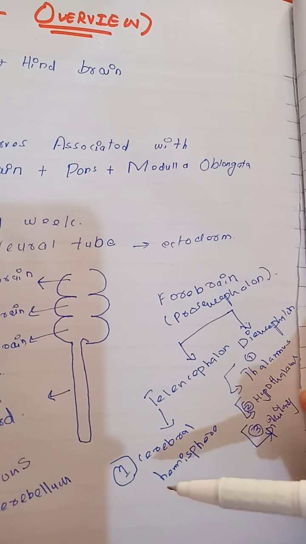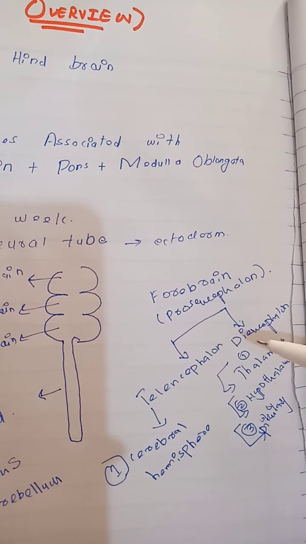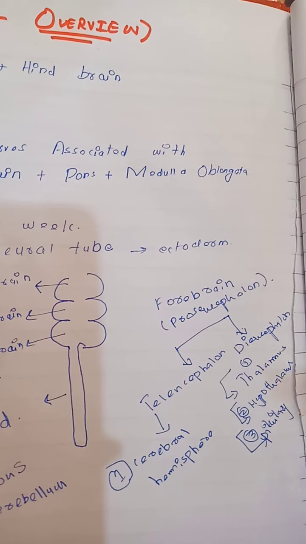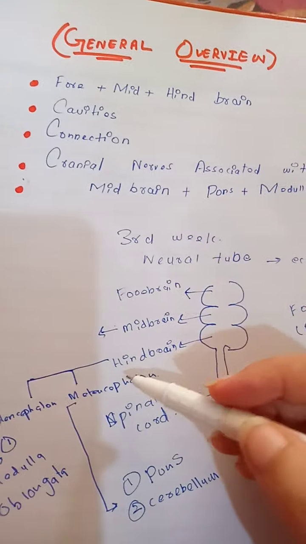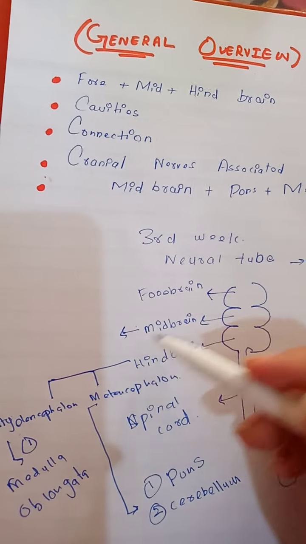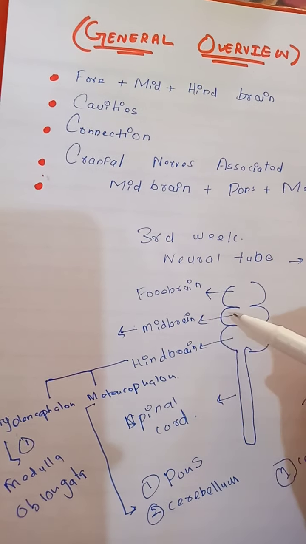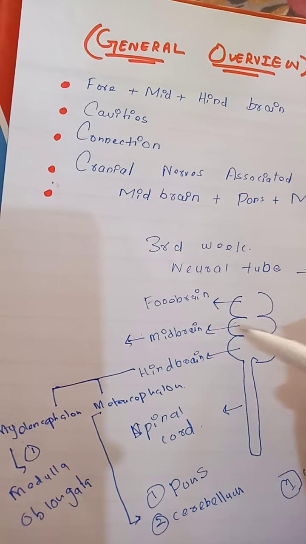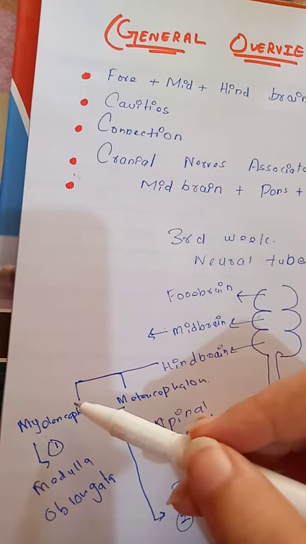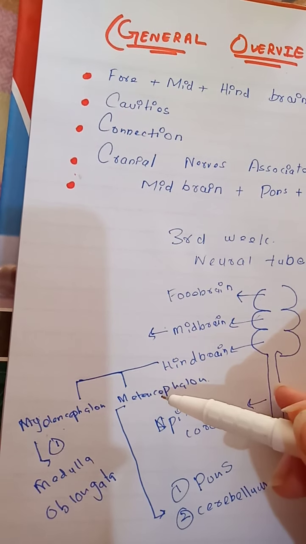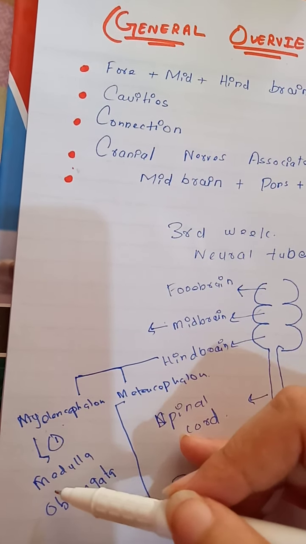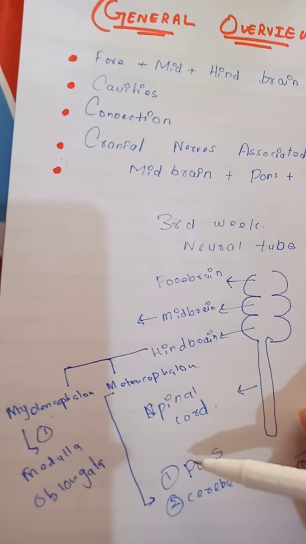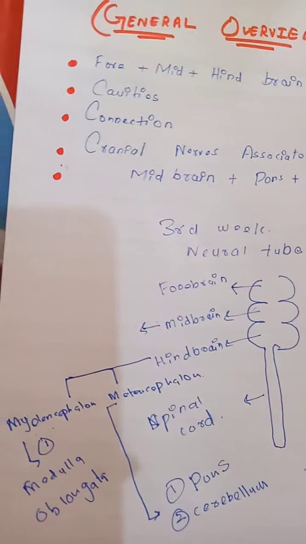Telencephalon will give rise to the cerebral hemisphere, while the diencephalon will give rise to the thalamus, hypothalamus and the pituitary gland. The midbrain vesicle will remain as it is, while the hindbrain vesicle gives rise to the myelencephalon and metencephalon. Myelencephalon will give rise to the medulla oblongata, while the metencephalon gives rise to the pons and the cerebellum.